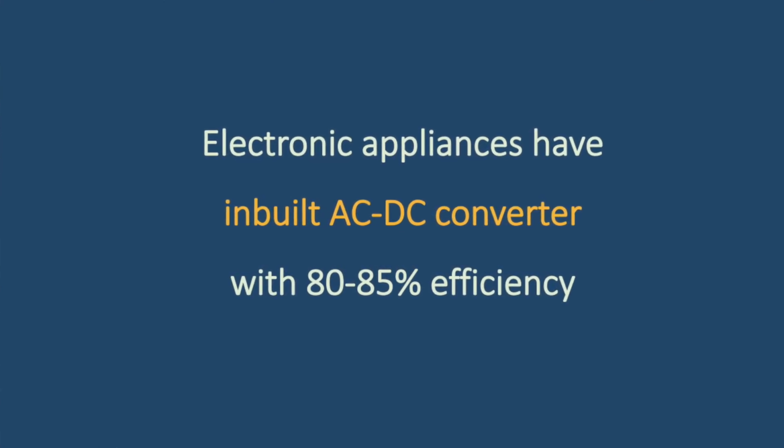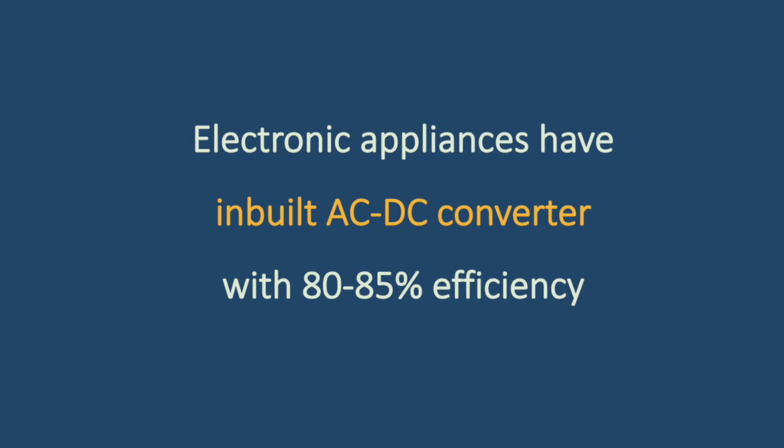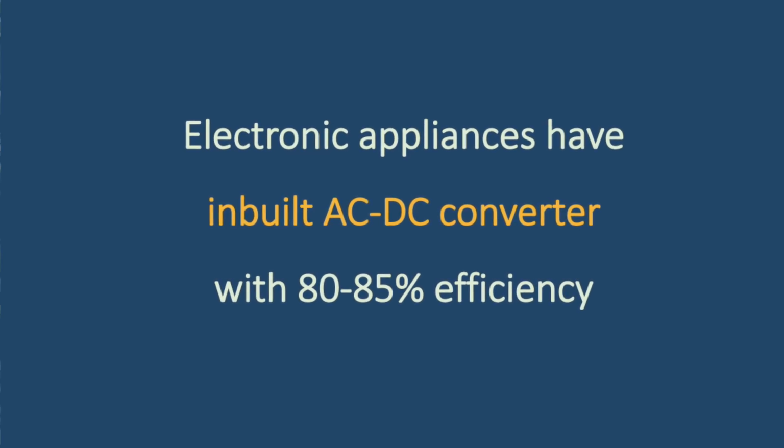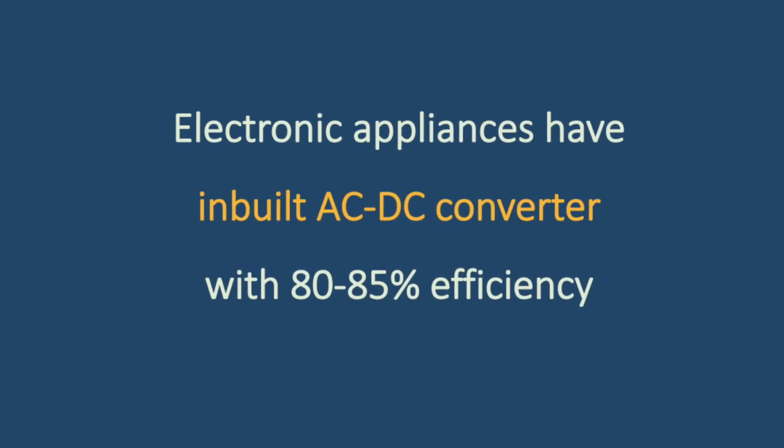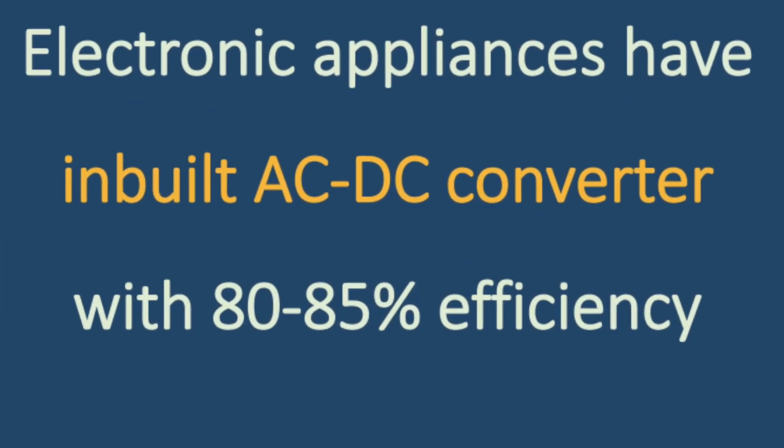Inside your mobile charger, there is always a small box that converts AC into DC. The AC to DC converter is only about 80 to 85%, 90% efficient. Therefore, every time you are running your electronic appliance, you are always losing about 15 to 20% of power in just the AC to DC conversion.